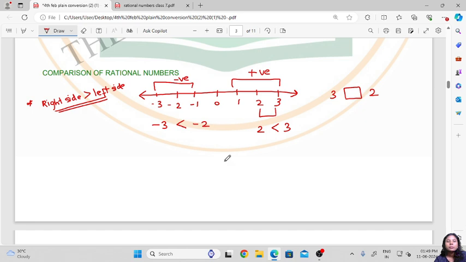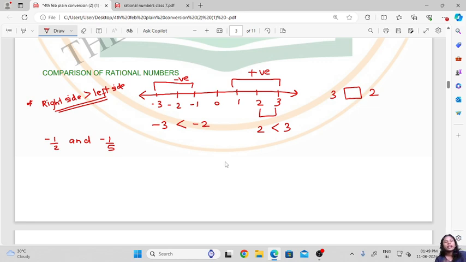Now these were simple numbers. Now how do we compare rational numbers, which number is greater and which number is smaller? Let's take an example. Say we have minus 1 by 2 and we have minus 1 by 5.